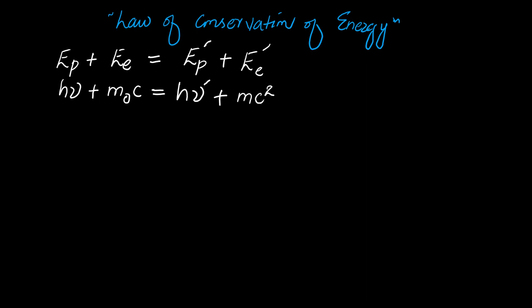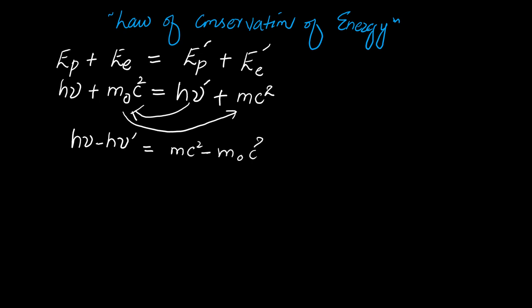So now let's shift this h nu to the left side, and we can see h nu minus h nu prime, and shifting m c square to the right side, we can write this equation as m c square minus m naught c square.